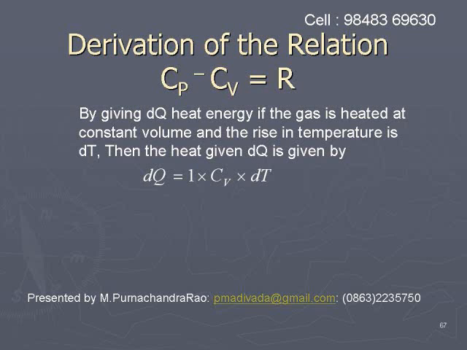Cv is specific heat at constant volume, and dT is the rise in temperature. So, this is nothing but the increase in internal energy.